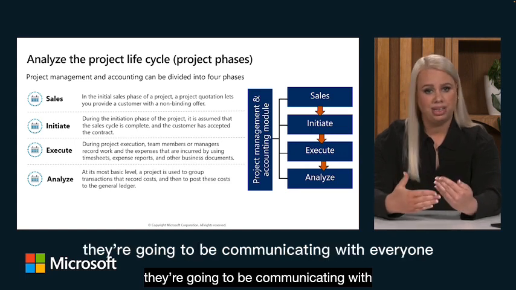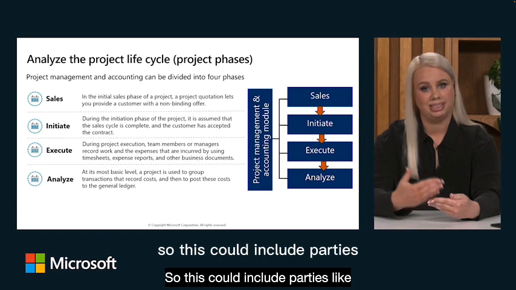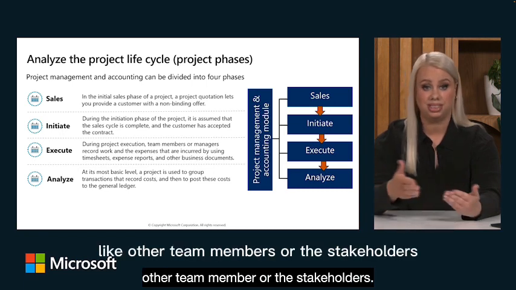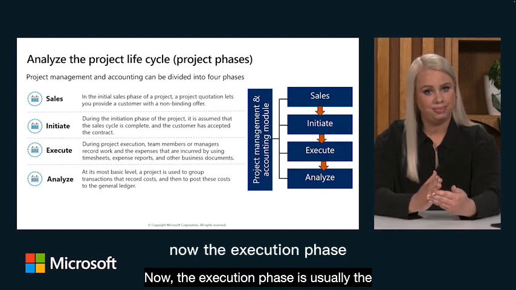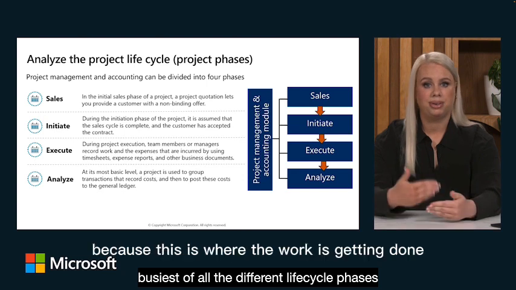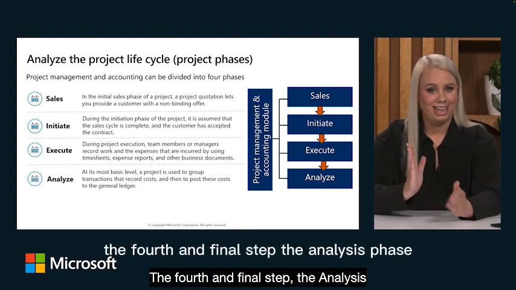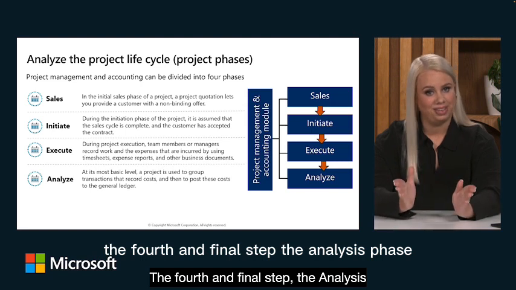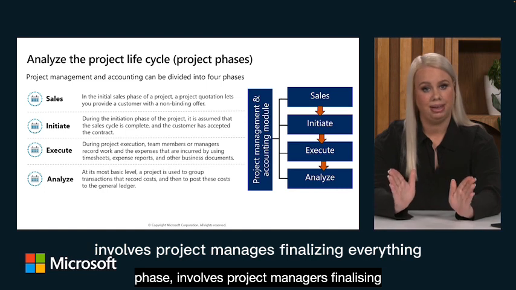They're going to be communicating with everyone involved in the project too. So this could include parties like other team members or the stakeholders. Now, the execution phase is usually the busiest of all the different life cycle phases, because this is where the work is getting done.